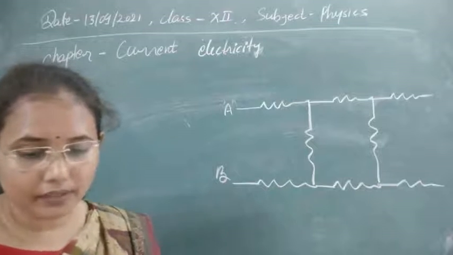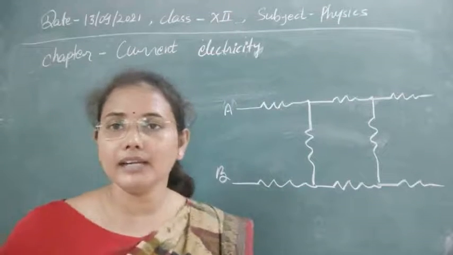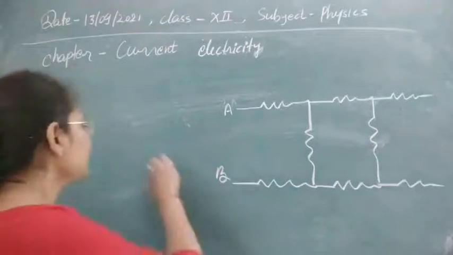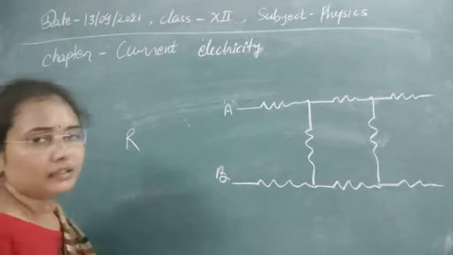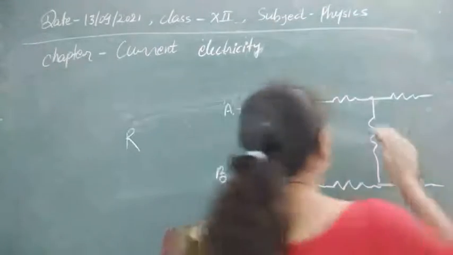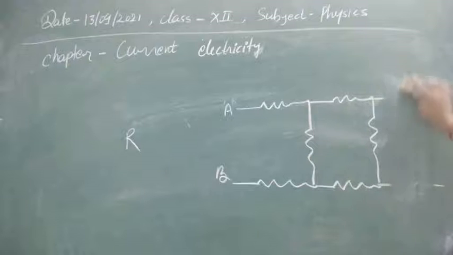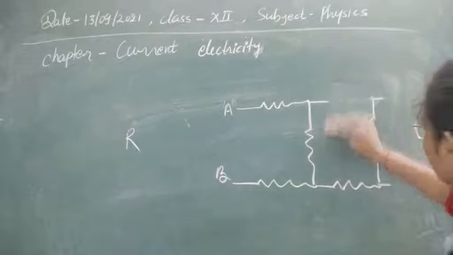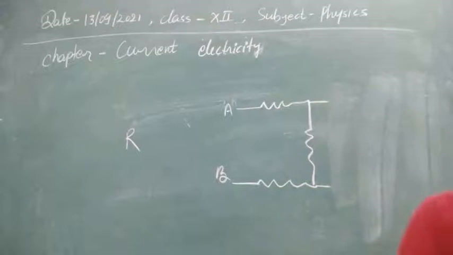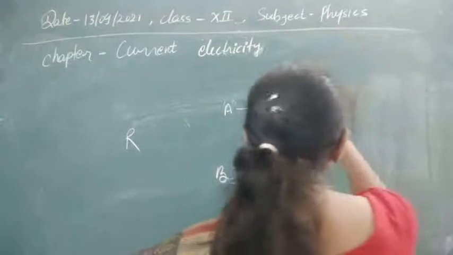Suppose the equivalent resistance between A and B is equal to R. Then you can replace the rest of this infinite ladder by a single resistor.